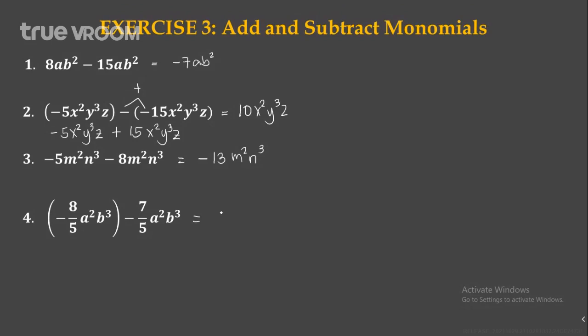Negative 1 over 5. Is a raised to 2 and b cubed? Is it negative 1 over 5?